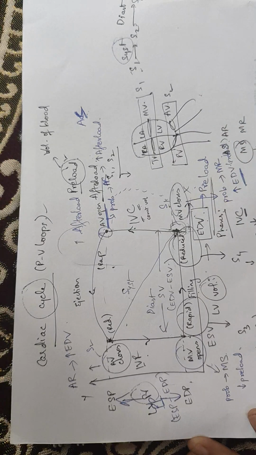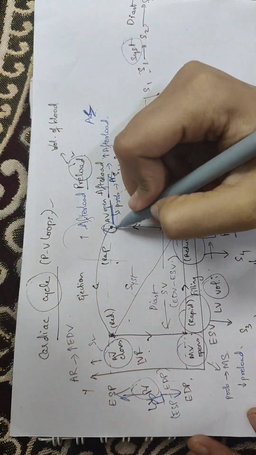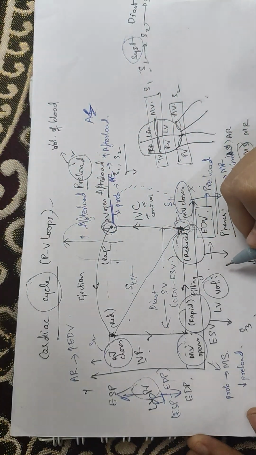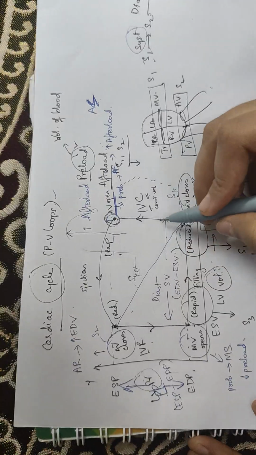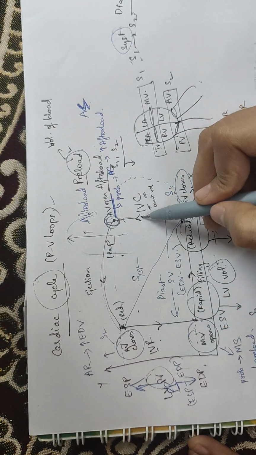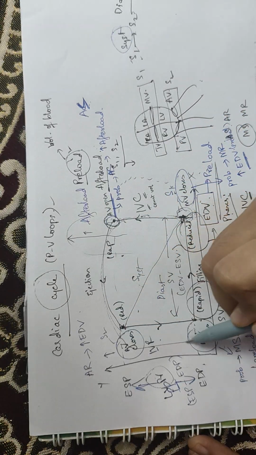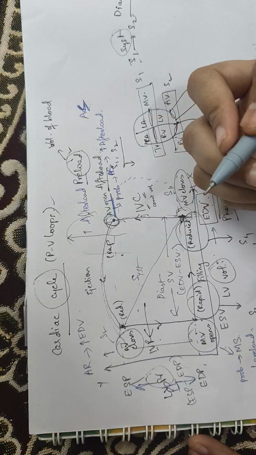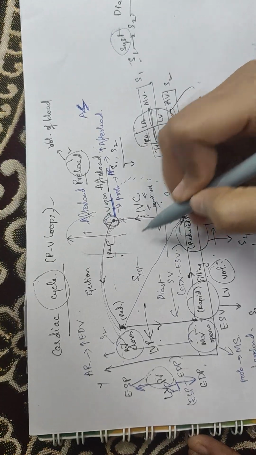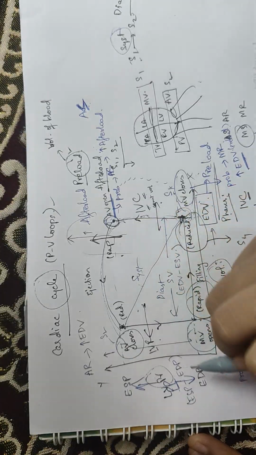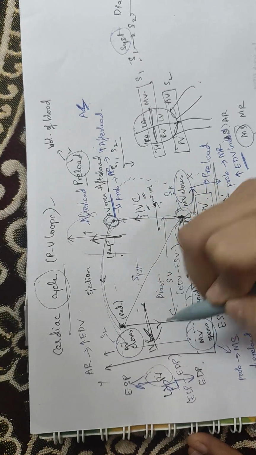So when your afterload keeps increasing, that is this point, your cycle keeps going upward, correct. And when your contractility keeps increasing, right, this contraction phase keeps increasing, so the cycle is pushed in this direction. Preload this direction, afterload this direction, and your contractility comes in this direction.